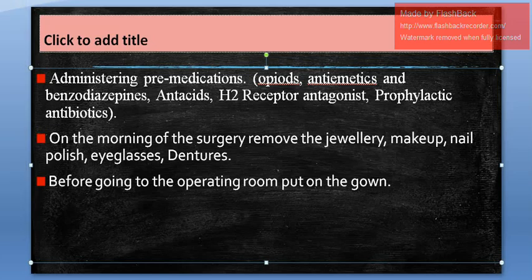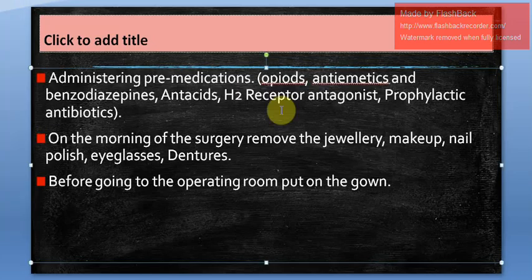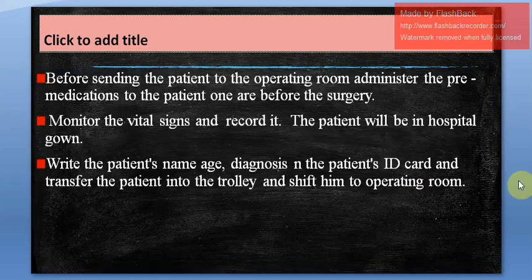Then next comes prophylactic antibiotics. Most of the time a test dose will be given to the patient, and then a full dose of the antibiotics can be given before the surgery. Then see that the patient has removed all the jewelry, makeup is not there, they have removed eyeglasses and all before the surgery, and then you can put on the OT gown.